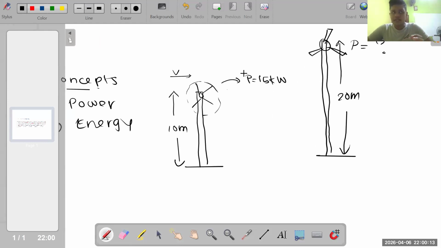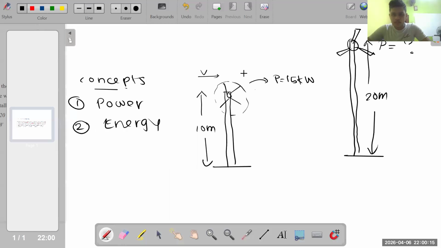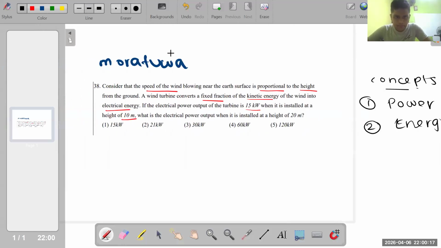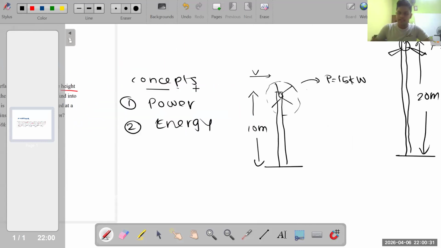can you understand here, they have used the words fixed fraction of kinetic energy, and they are converting that kinetic energy into electrical energy. Now can you see there's a flow? There's the wind, and what happens to the wind? The wind flows.